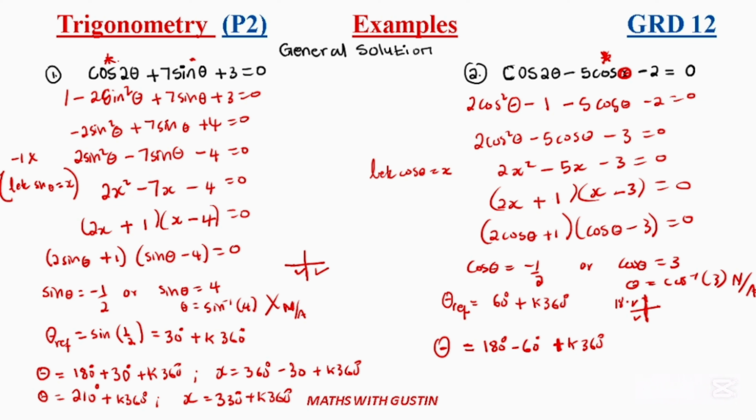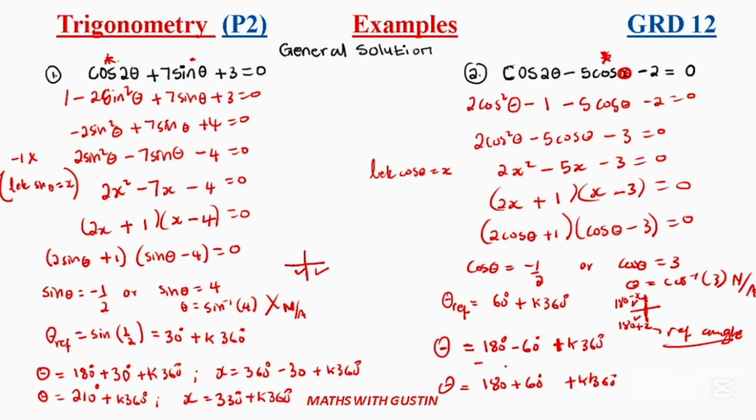On the second quadrant it is 180 minus x, on the third it is 180 plus x. This x here stands for the reference angle. Okay, please don't get confused, guys. This x is for the reference angle. And finally on the third quadrant it is going to be 180 plus 60 plus k 360.